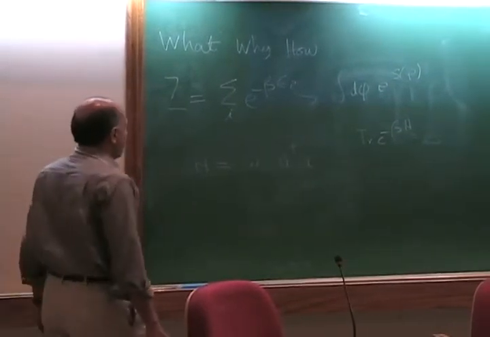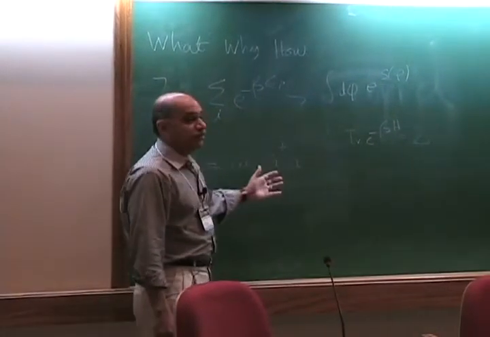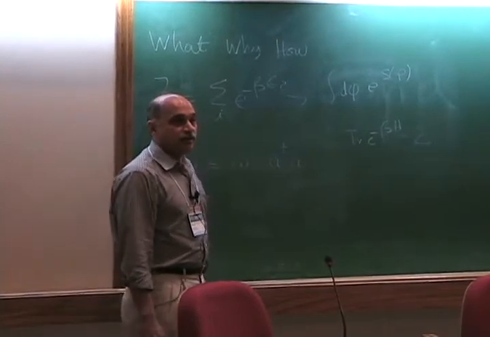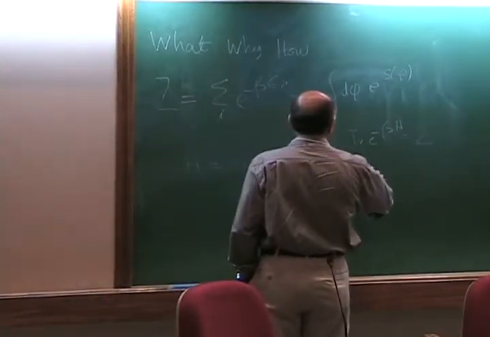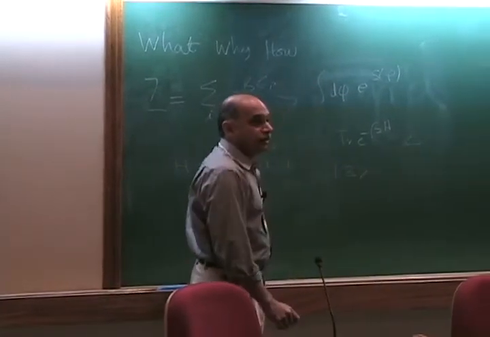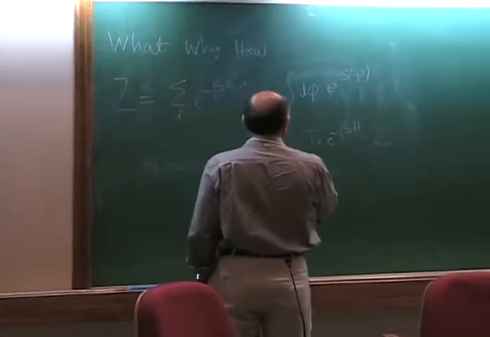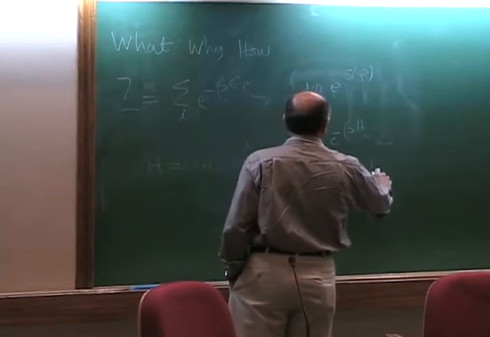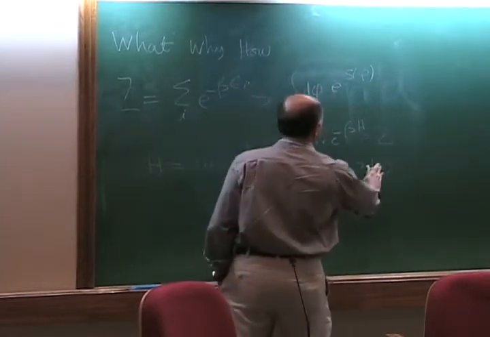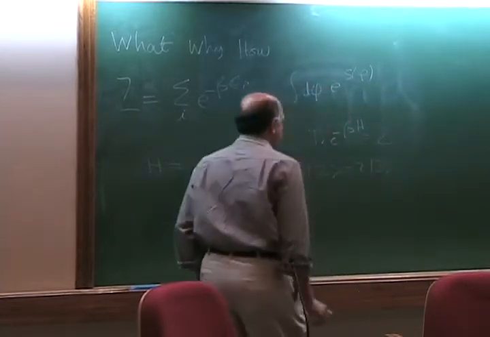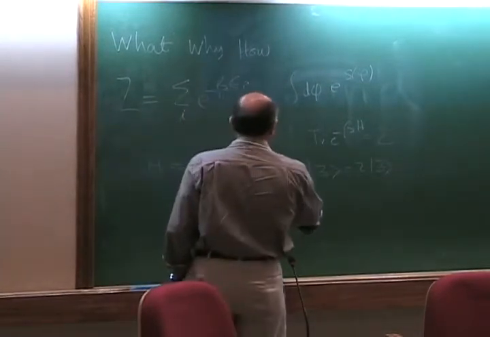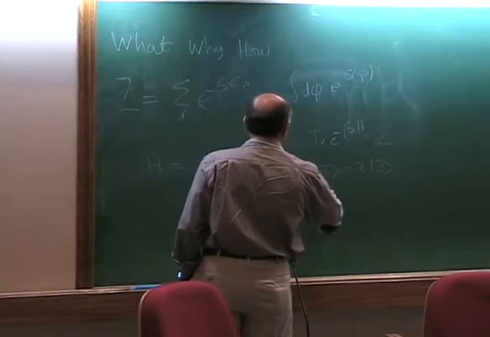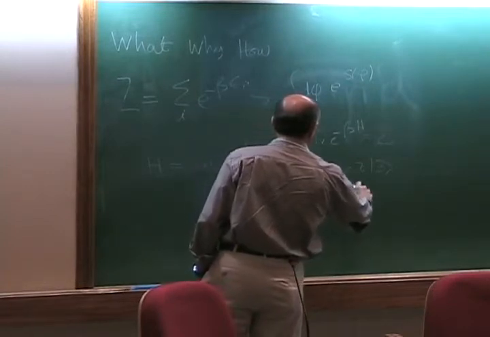But for our purposes, it's more useful to use a different basis for taking the trace. And they are in terms of these coherent states Z, which are eigenstates of the lowering operator. And the adjoint of that will be written like Z bar A dagger equals Z bar.